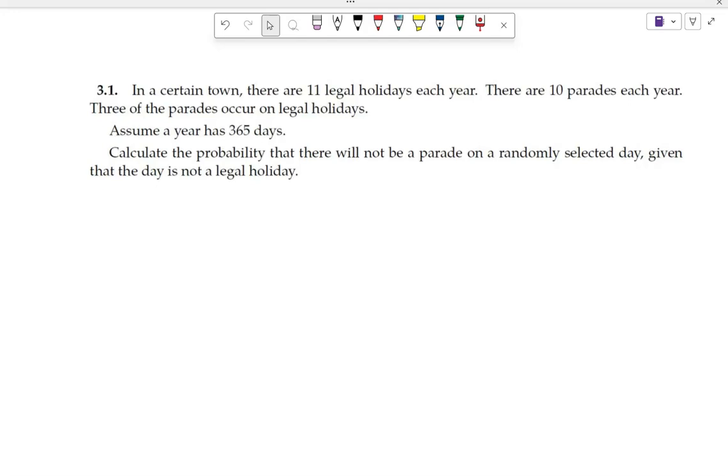So a town has 11 holidays and 10 parades. 3 of the parades occur on holidays. It wants us to calculate the probability that there will not be a parade on a randomly selected day, given that it's not a legal holiday.